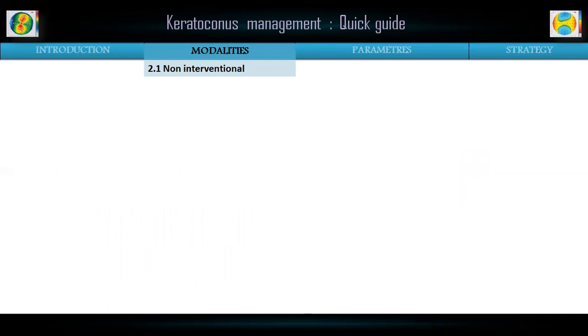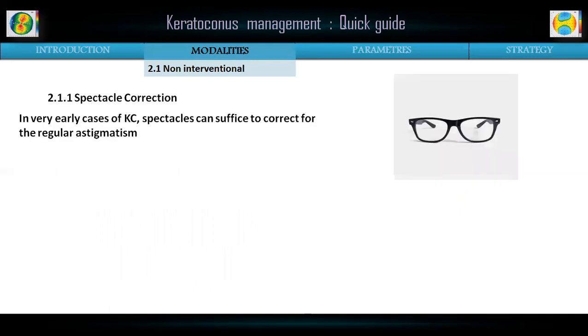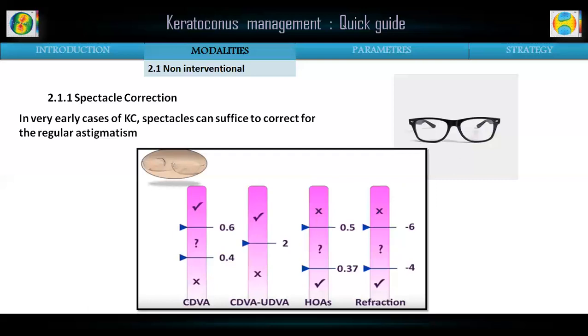For the non-interventional options, spectacle correction in very early cases of keratoconus can correct the regular astigmatism and is indicated if we have best corrected visual acuity of more than 0.6, and when we have a difference between corrected and uncorrected of more than 2.